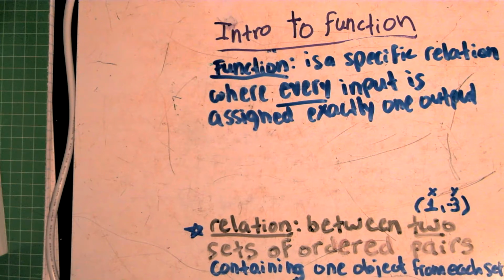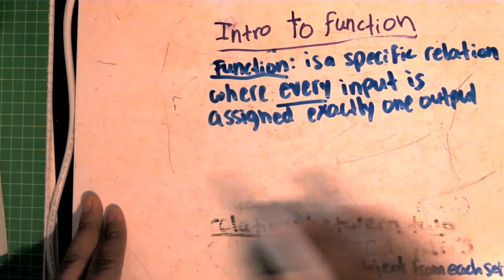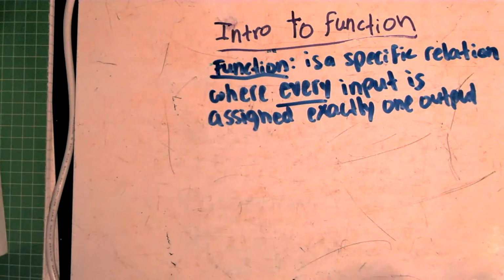And typically in algebra class, we're given a relation, and we want to find out, prove whether that relation that's given is a function or not. So let's do an example.